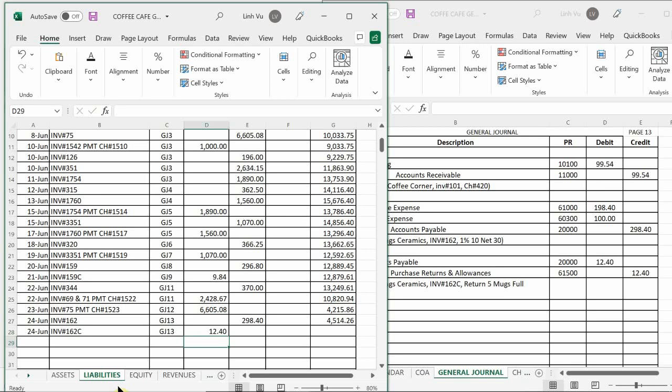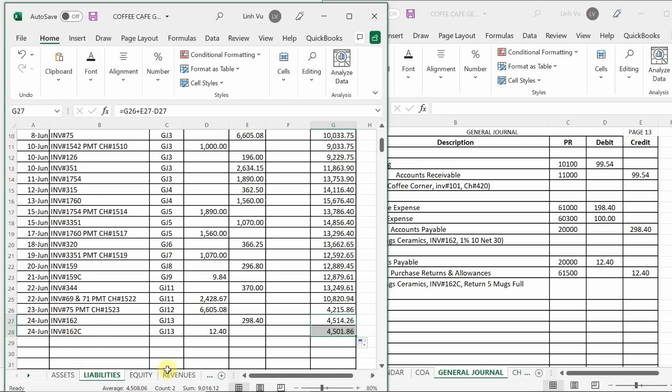All right, it's a debit because it's going to reduce the amount that we owe. How much do I owe now? 4,501.86. Good.